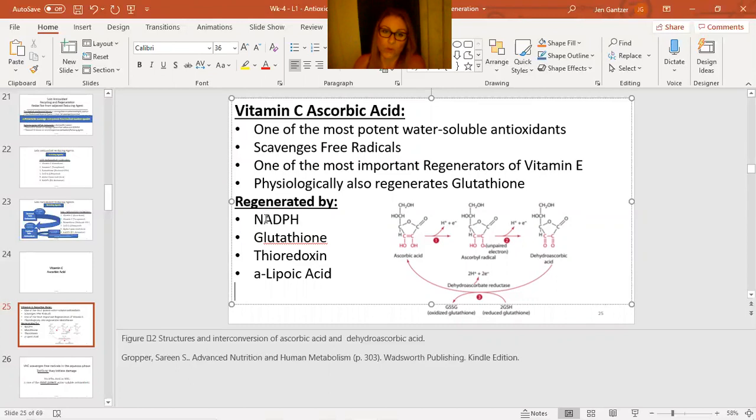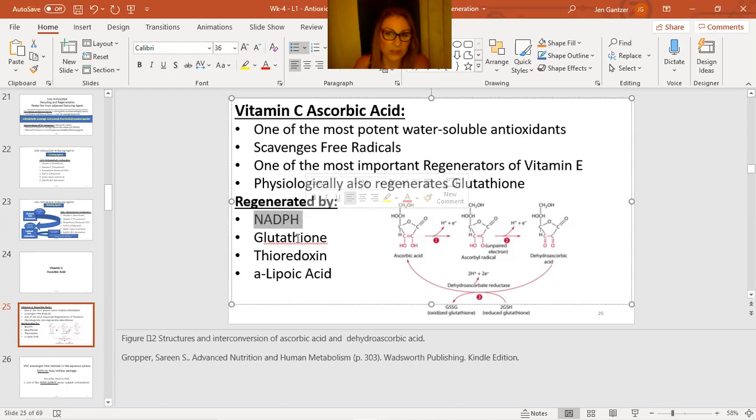So if you can keep it recycled, your vitamin C will just stay and stay and stay functional, because it just keeps changing redox states. But if it does not get regenerated, then it will get completely catabolically broken down and we will lose it. So definitely NADPH.